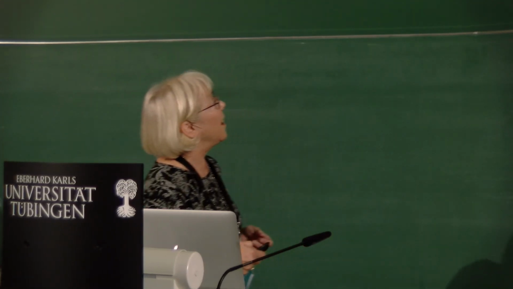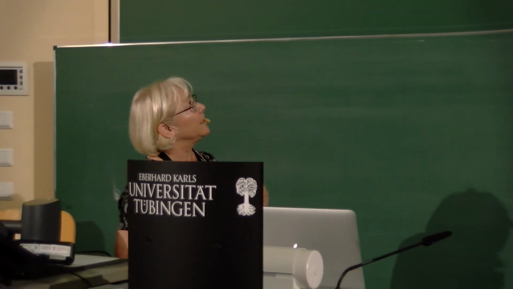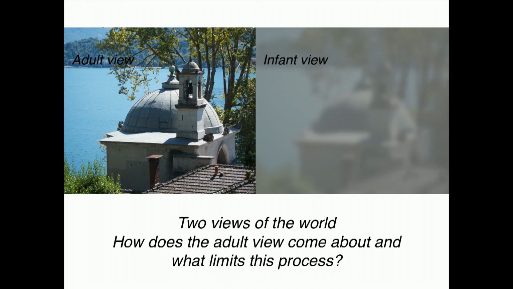And the thing that my research is concerned with is how do you get from the infant image to the adult image? In other words, how does the visual system develop in such a way that it supports adult-level perception that allows us to make sense of the world?